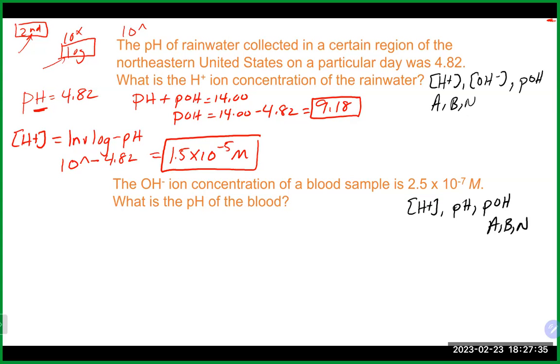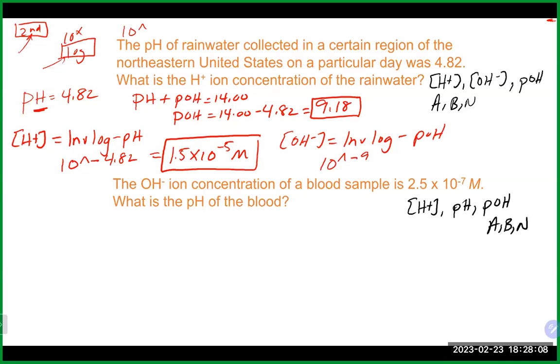Now, this actually opens up other possibilities at this point. Since I do have the H plus concentration, if I wanted to use the KW, I could, like we did before, to calculate the OH minus. Or again, I can do the same calculation with the pOH that I have. And I'm going to do that again. So the OH minus here will equal the inverse log of the minus pOH. Once again, when you hit the shift or second button and log button, it probably will pop up a 10 and a caret on your calculator.